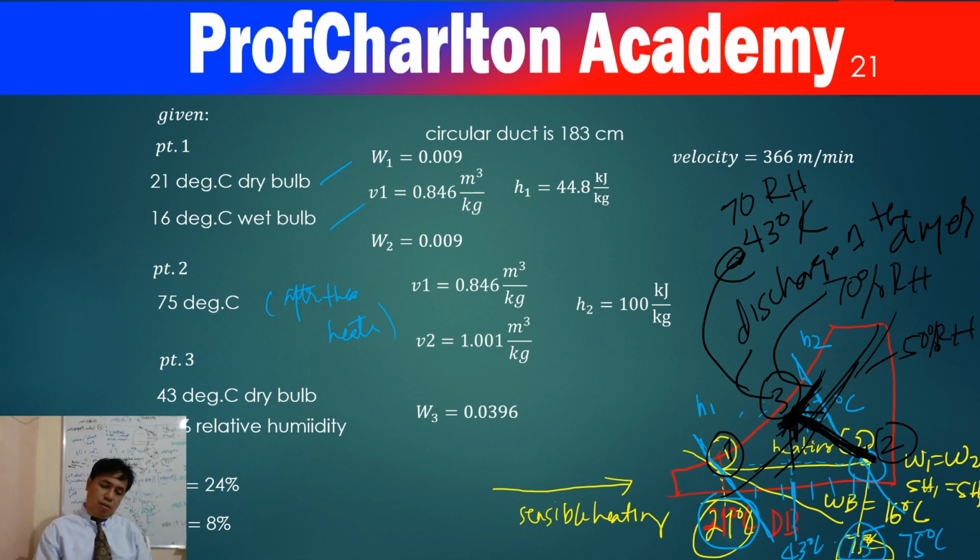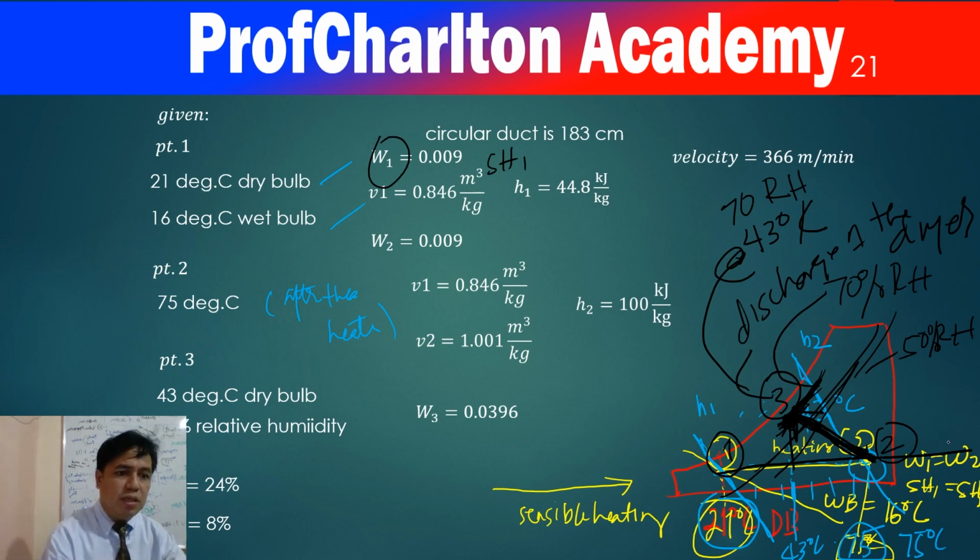Now, what do we do with this? We can get the data. So what is W1? W1 is also a specific humidity one, meaning specific humidity one here. So you project this from here going straight to here.